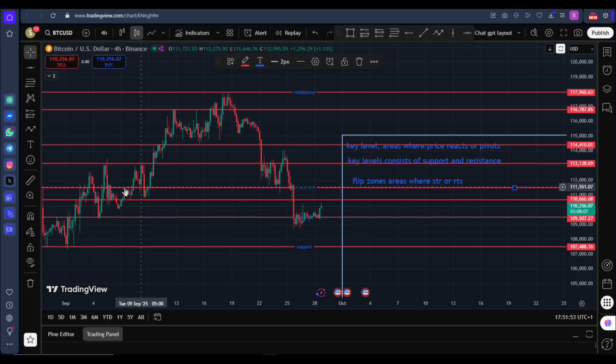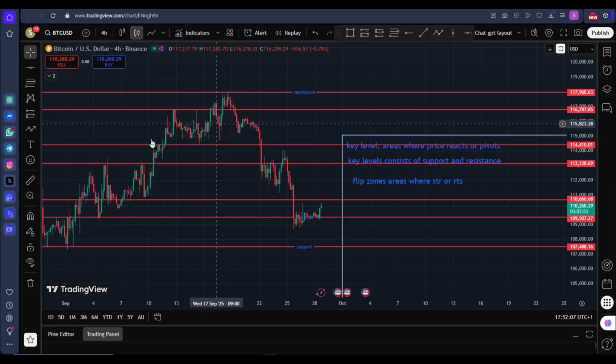So I don't need this, it's unnecessary. I'm just going to look at what is recent. 1, 2, 3, 4, 5, 6. And if you see, they're all flip zones. See it here, flipped here, this one came, flipped here, this one came, flipped here, this flipped here, and this is just support, and that's our resistance.